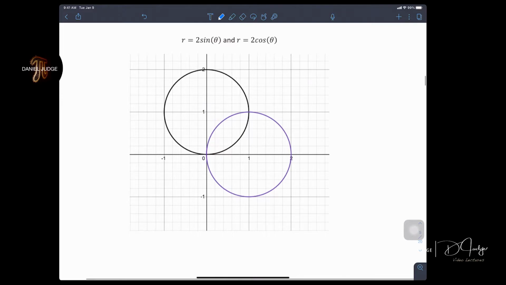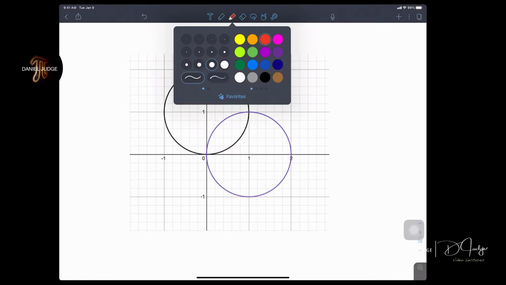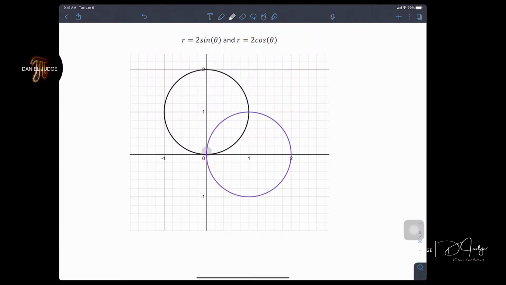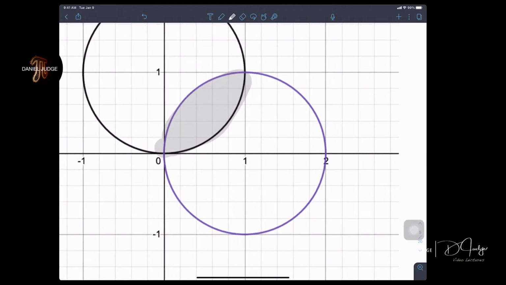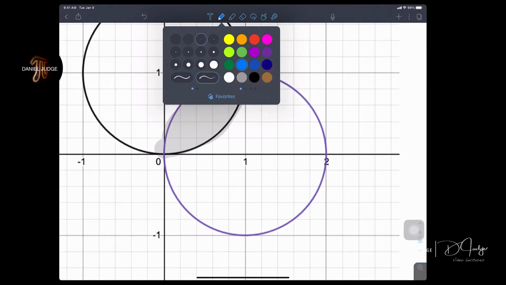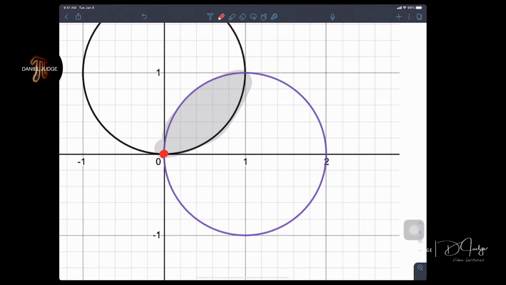So we're going to look now at the area between two curves here, and then this is a circle here. You got two circles. So the area now here that they're talking about between these two curves is what you see here. So finding the points of intersection again, here and here, so that we could use symmetry, finding that angle.